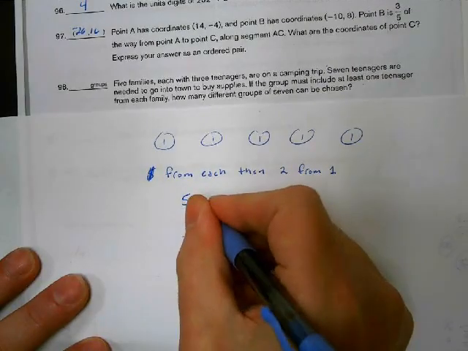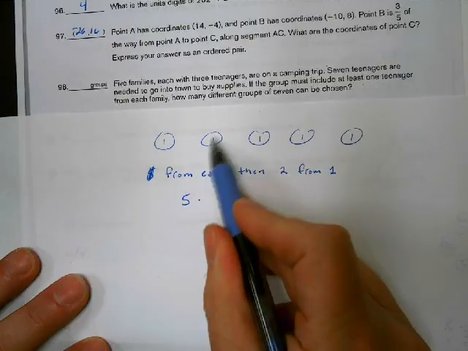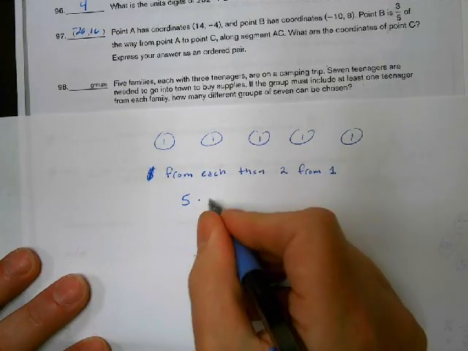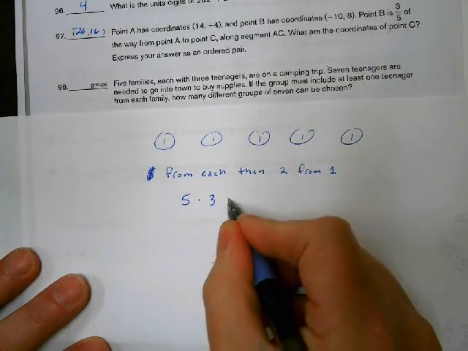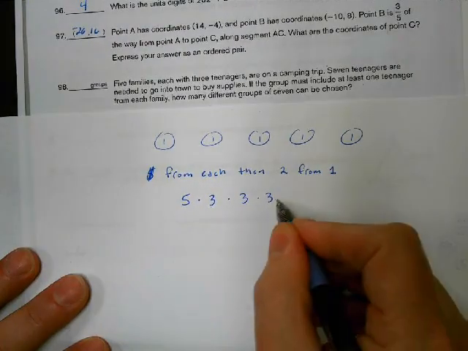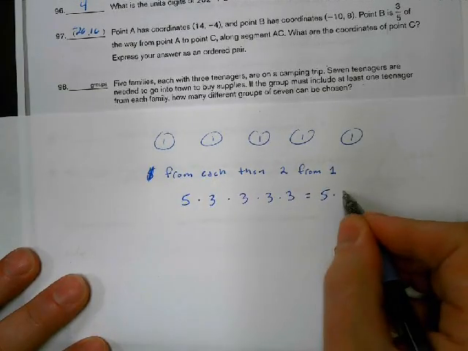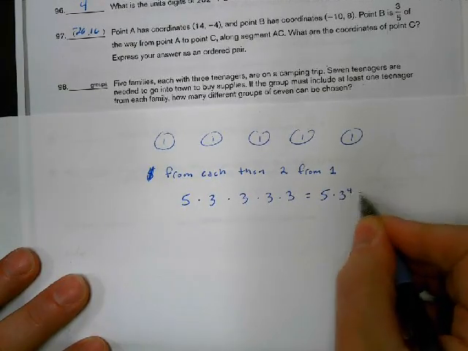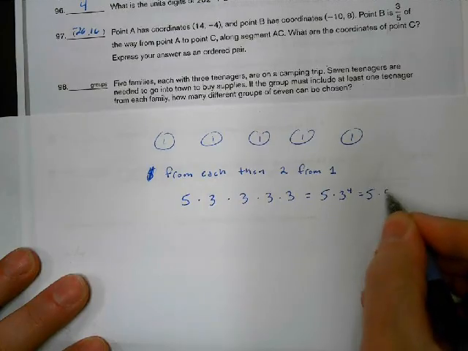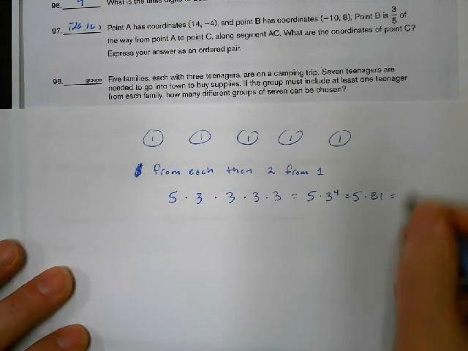Well, there's 3 kids to choose from that family. So we've got 5 times 3 to the 4th, which is 5 times 81, which is 405.